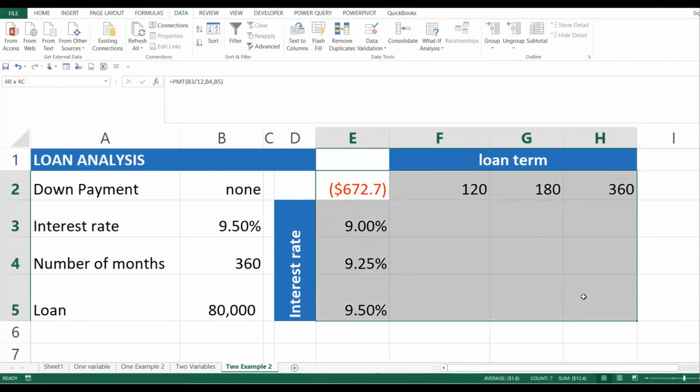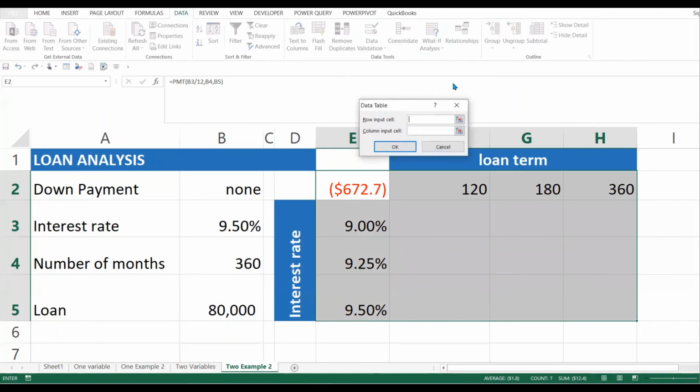So as I told you, highlight this, go to Data, then What-If Analysis, Data Table. After you have done that, in your model, where are your raw input cells?